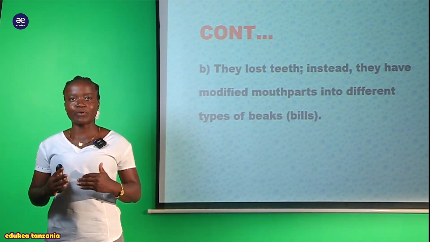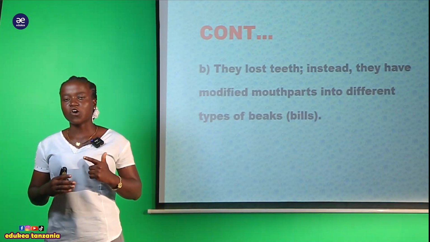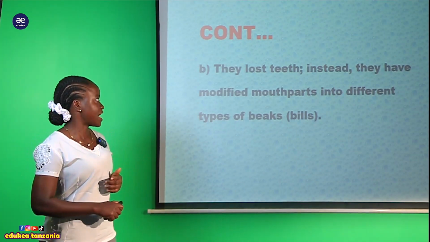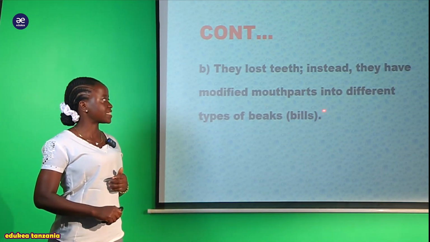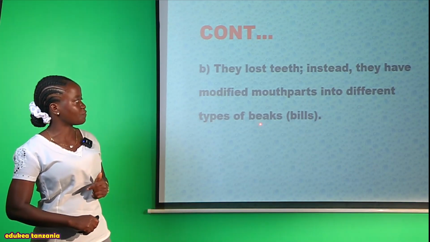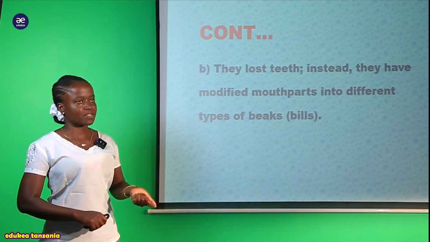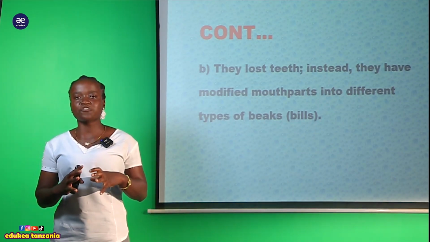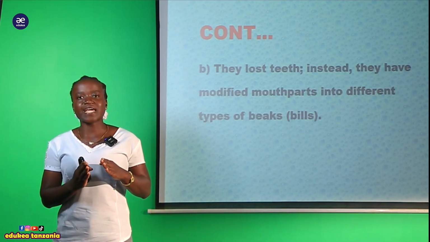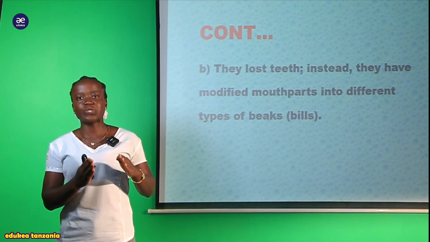Hawana meno hawa organism. Instead of possessing teeth, they have modified mouth parts into different types of beaks, that is bills. Kwa maana kwamba their mouth parts have been modified according to their mode of nutrition.